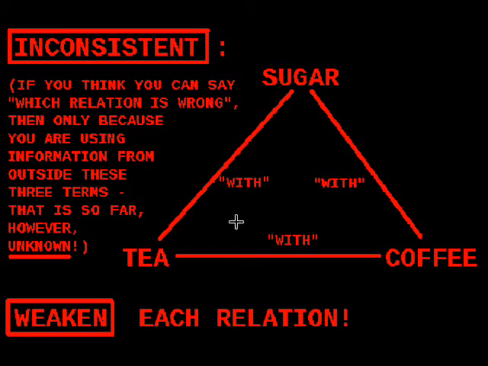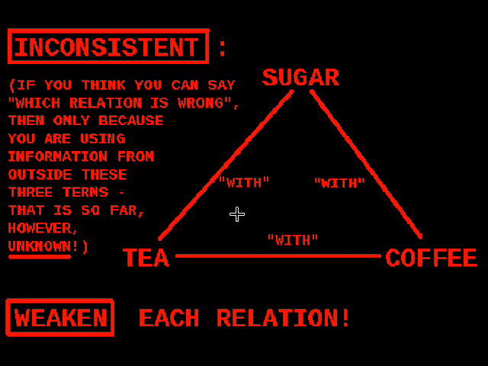weaken each relation. Now, I understand your temptation to say, but it's obviously wrong that you can have tea with coffee. You deduce that, however, only based on your general life experience. In other words, you are looking at more information than is available to you in this particular logical triangle, which is obviously not allowed.